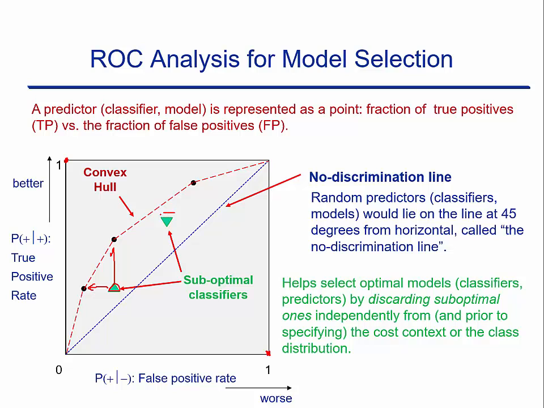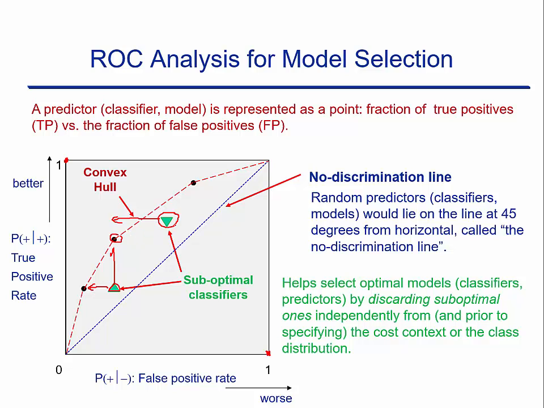Then let's look at this one, this green inverted triangle. How about this one? It is better than the left black point in true positive rate, but it is worse than the left black point in FP rate.